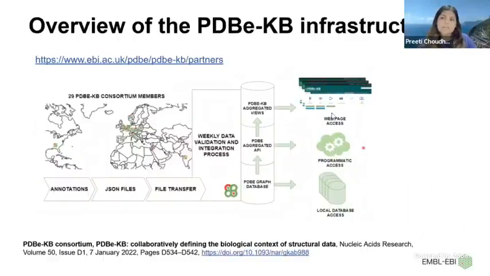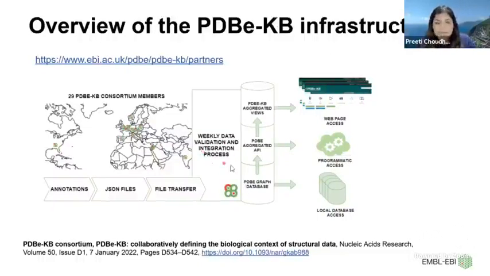If you look at the overall infrastructure of PDBe KB at the moment, we have 29 consortium members. All these members provide their annotations in JSON format, which every week is handled by our weekly data validation and integration process.